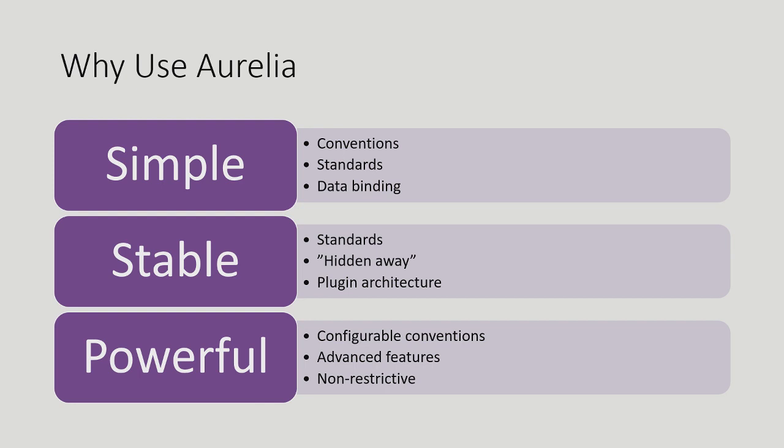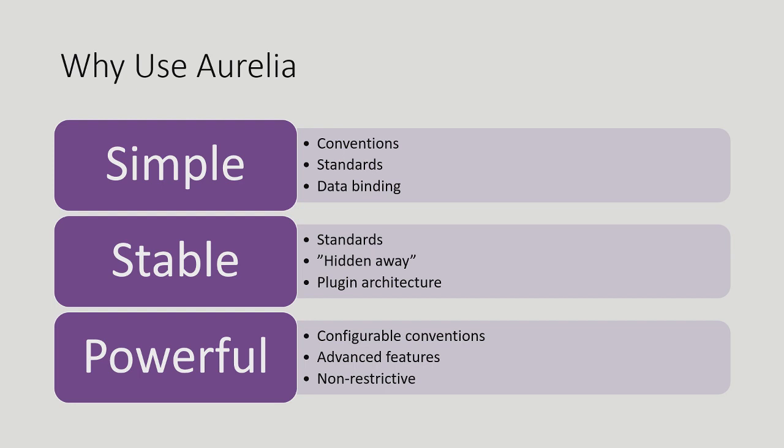And there's also the plugin architecture I didn't talk about too much here that makes Aurelia more stable. Anything that needs flexibility is separated out into a separate plugin. For example, the event aggregator that I mentioned is a separate plugin that if you don't need it, you don't use it, so you don't need to keep up with changes to that kind of extra part.